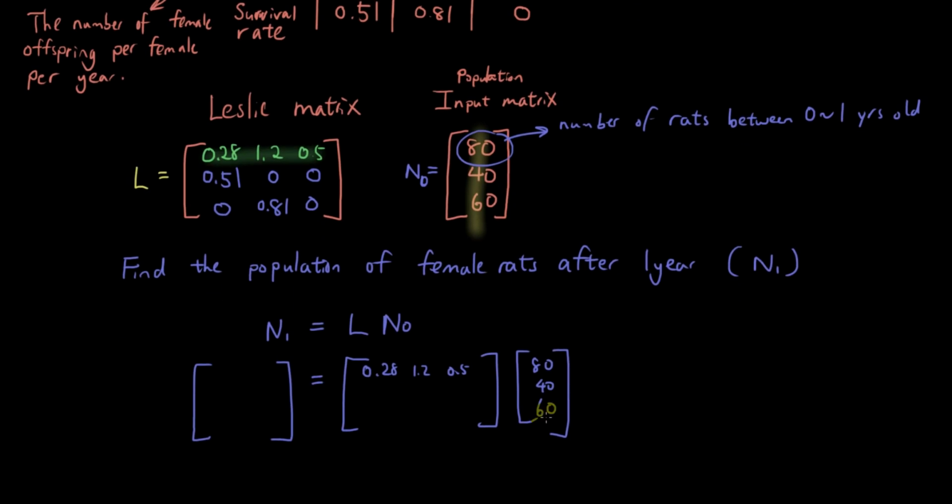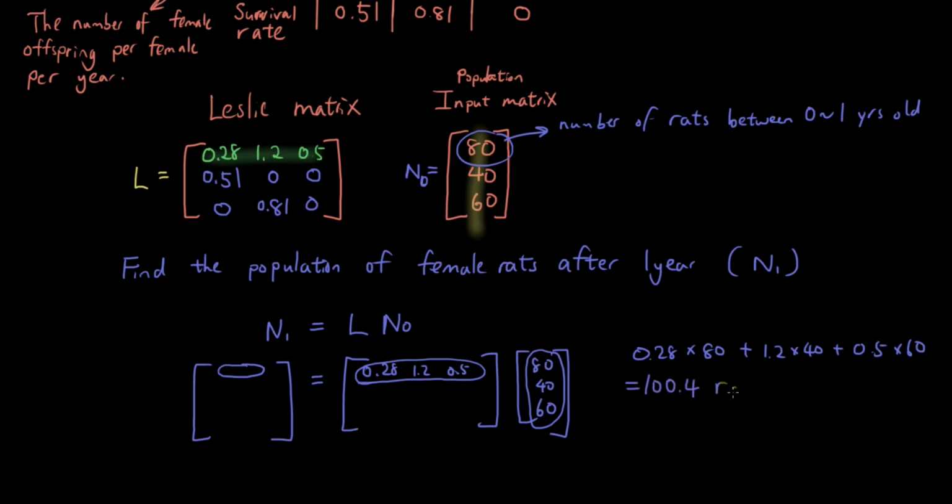Alright, so that's what 80 is. And if I multiply using matrix multiplication, which is the first row multiplied by the first column, and writing the answer in the first row of the result matrix, so it's going to be 0.28 times 80 plus 1.2 times 40 plus 0.5 times 60, which is 100.4 rats.